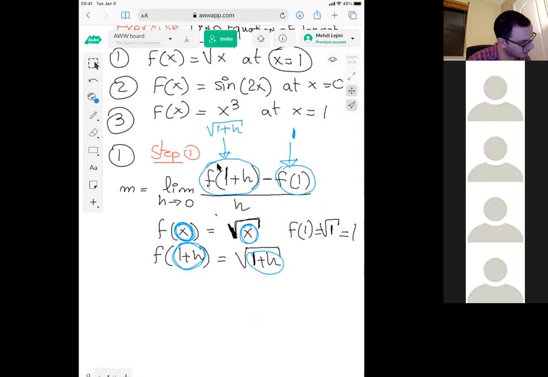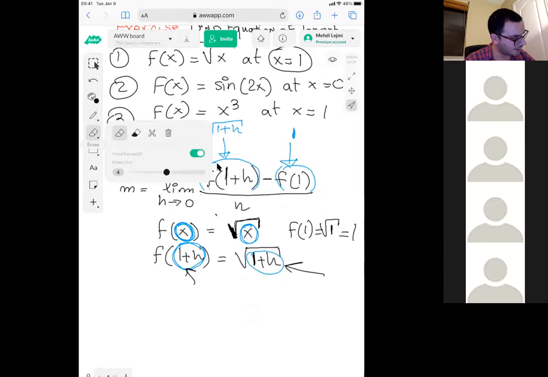Because it looks like it's over the h also. No, it's not over the h. This over h here is by definition. You see right at the bottom it says f of 1 plus h? No, it's not over. That's square root of 1 plus h.